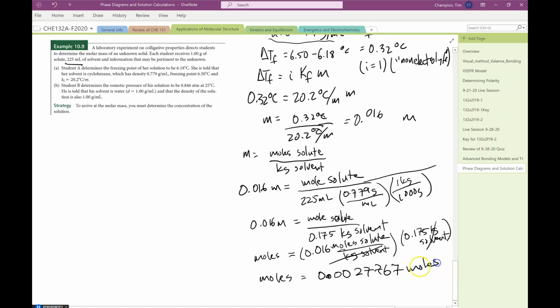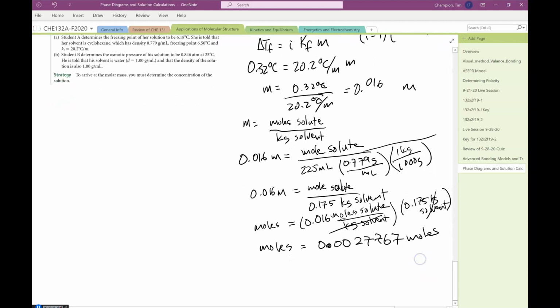If we had to round here, we would say 0.0028, but we're going to keep that till we get to the end. So we really only know that to 2 sig figs.